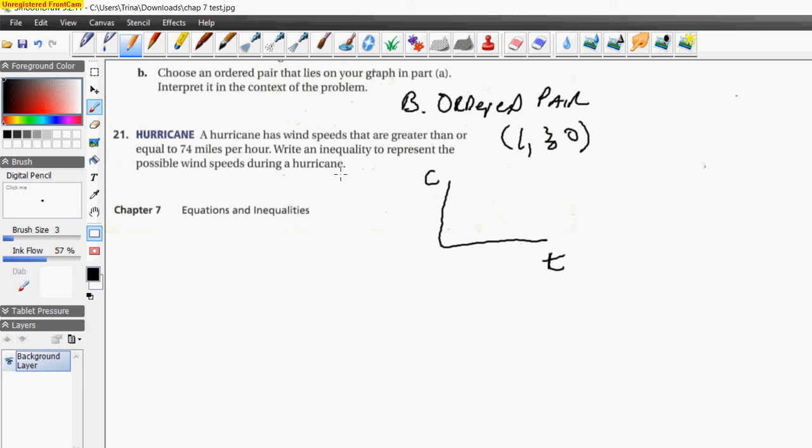I'll put 30 right here, and 1 right here, and we know they met up at this particular point. So that's how we come up with the ordered pair, and you can see exactly where it's at. It's at 1 for the t-shirt, and the total cost is $30. That's how we would write the ordered pair, 1 and 30. All right, good job. You all did real good on this one.